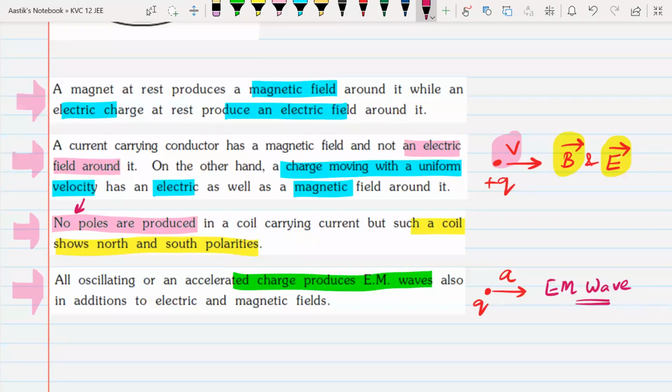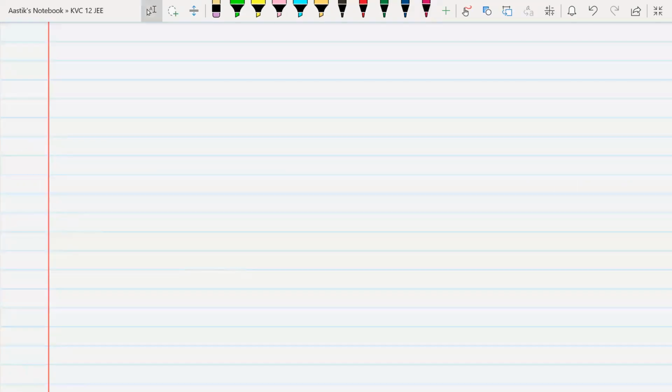So what we are going to do now: we have already seen the field created by a magnet. We are now going to see the field created by a wire.